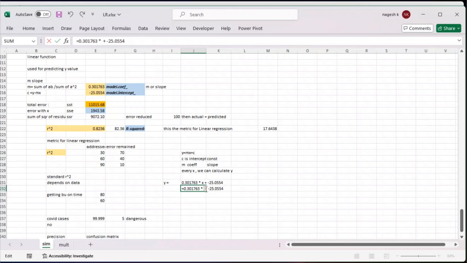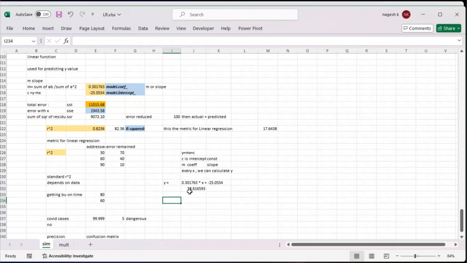If we give 211 instead of x, this is going to be the y value of this equation. For any new value, we can give the x value and it will give the output of the equation. That is nothing but the y value. This is the prediction, right?